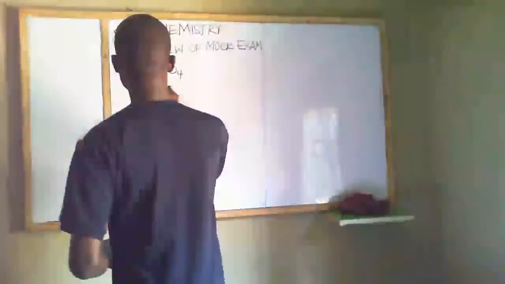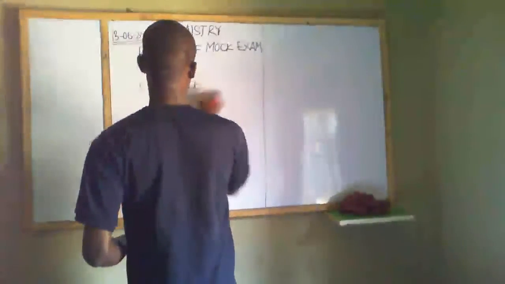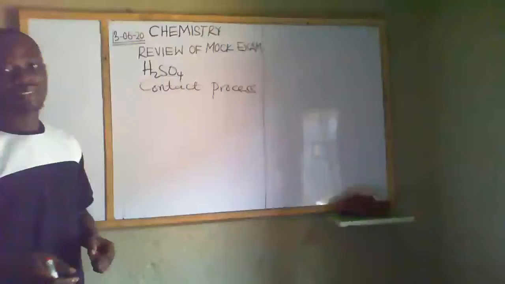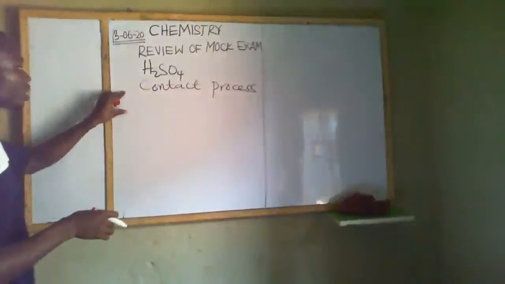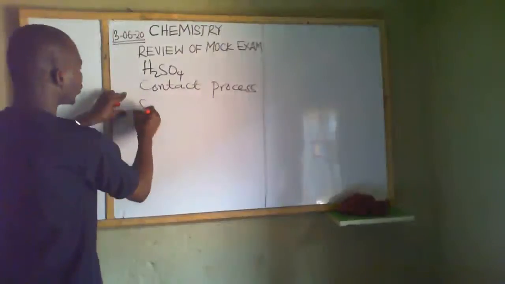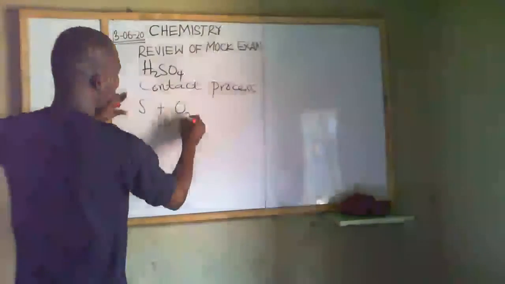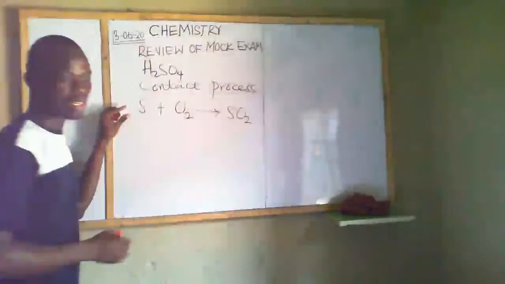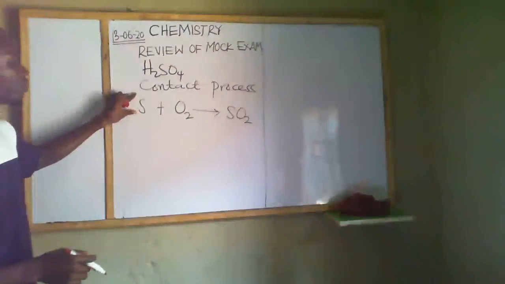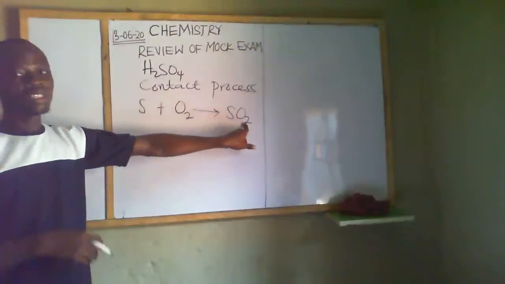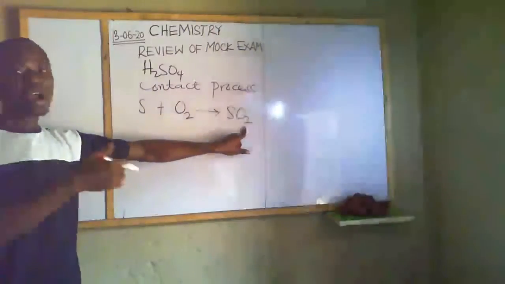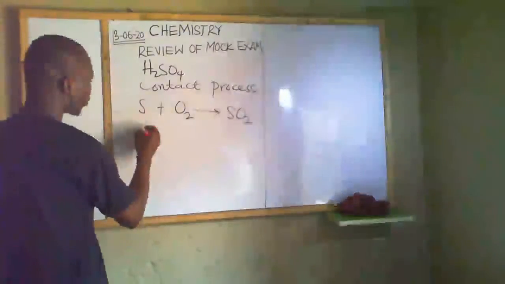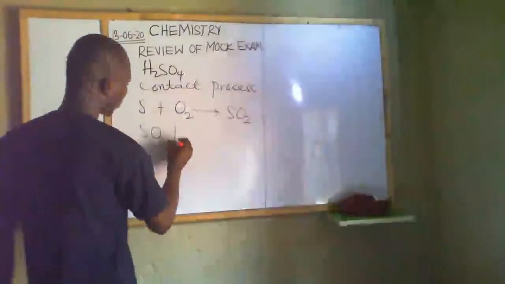The question requires us to just enumerate the chemical equations. The first step of the process is that a reaction between oxygen and sulfur takes place to give us sulfur 4 oxide. This sulfur 4 oxide is further oxidized to become sulfur 6 oxide.